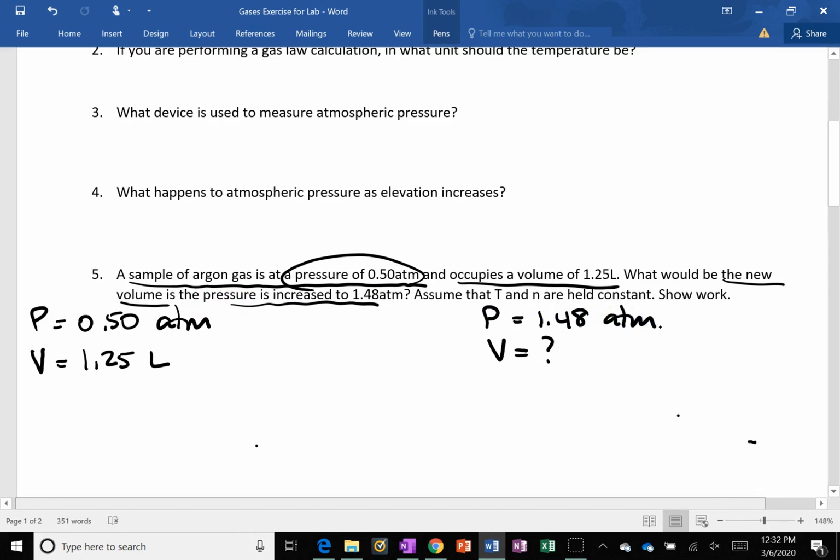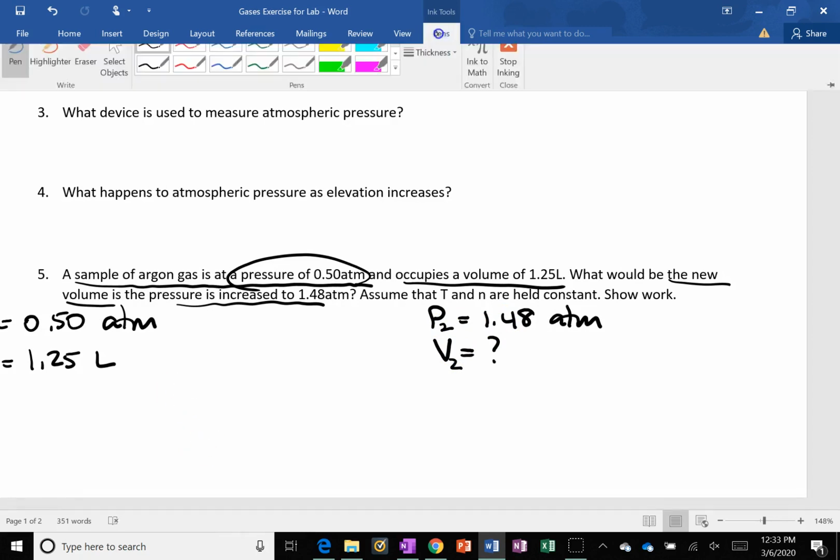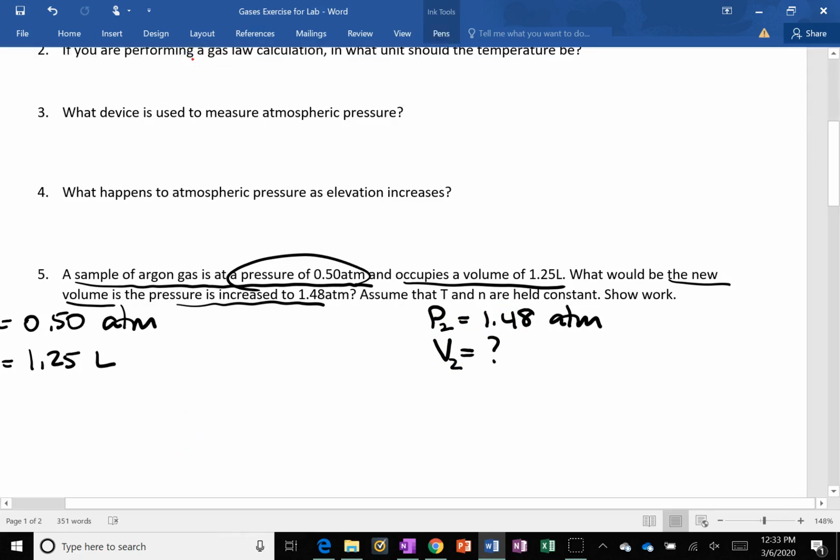Okay, so based on the information given, we can now properly depict what those different conditions are. So 0.50 is going to be what we're starting with. That's our P1. 1.25 liters is our V1. Those are our initial conditions. And the 1.48 atmospheres is our final pressure, and our final volume is what we need to find. And we're told at the end here that the temperature and amount are held constant.